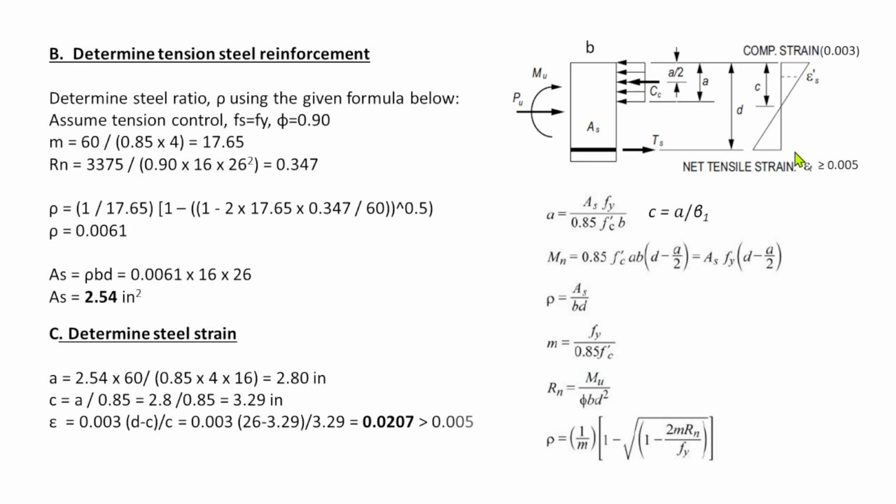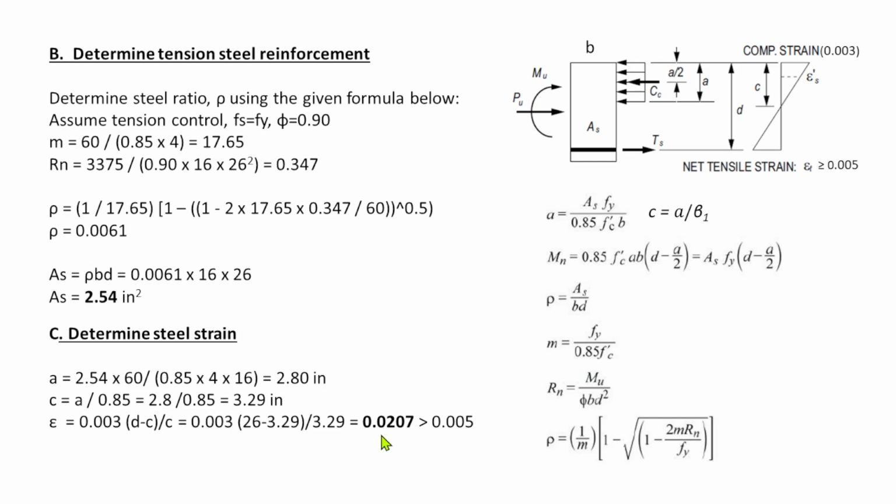By ratio and proportion, we have c is to 0.003, as the depth d of the tensile steel minus c is to epsilon t, with c being 3.29. So it is equal to 0.0207.